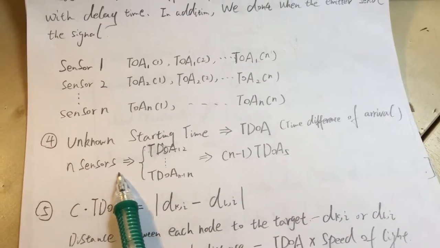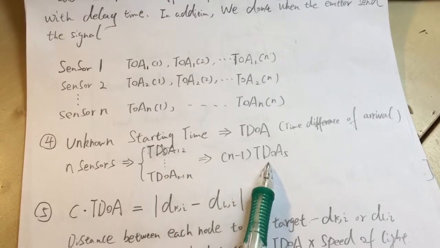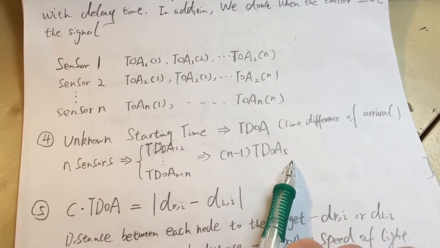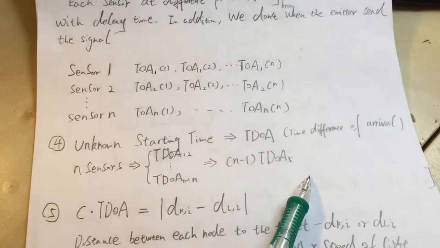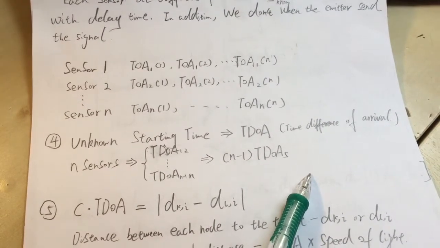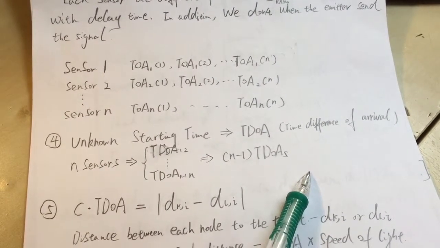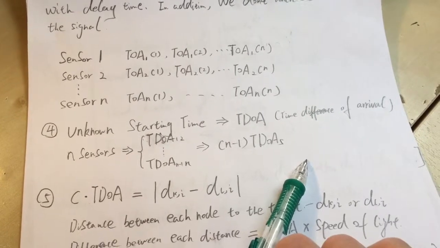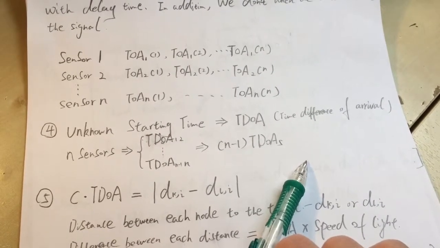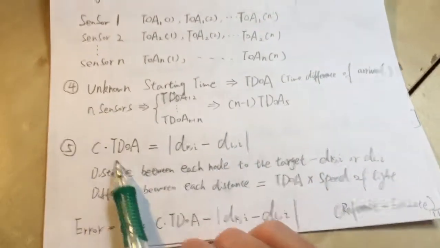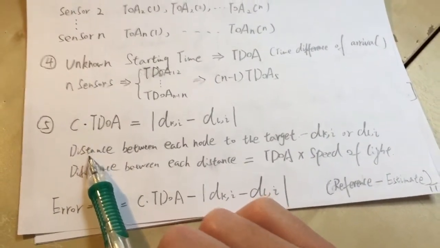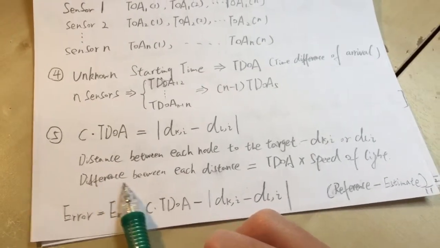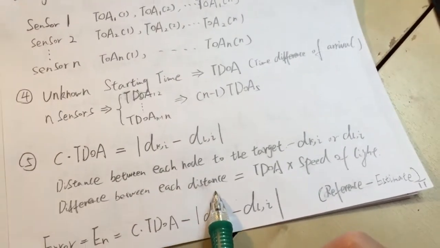So n sensors will have n minus 1 time differences. You may say it could be more, but all of that will be similar, so we're using just the valid values, n minus 1 TDOAs. And the time difference of arrival times the speed of light equals the difference between the distances.